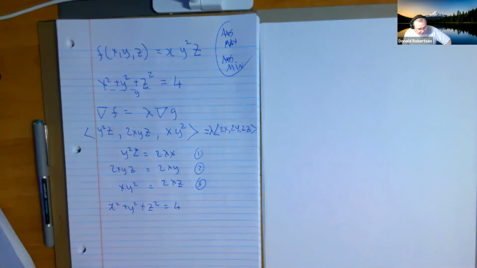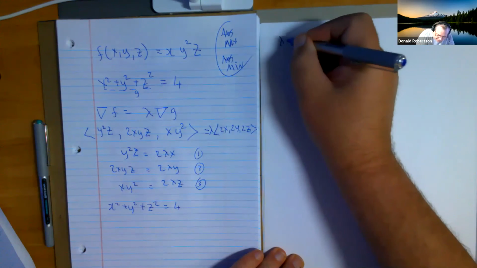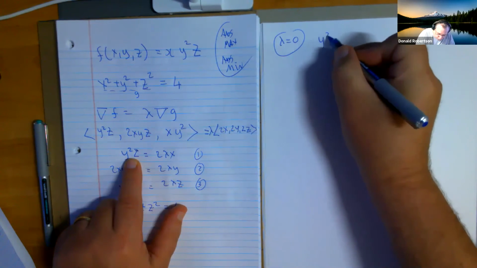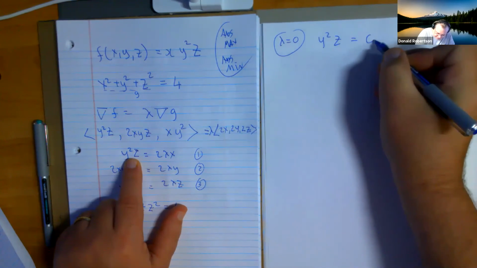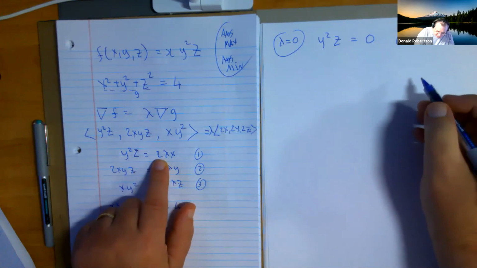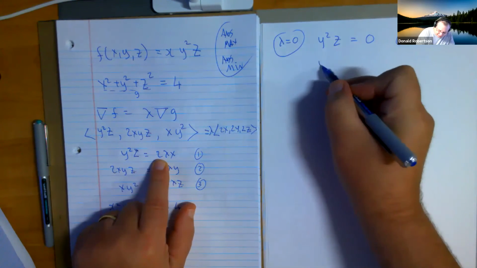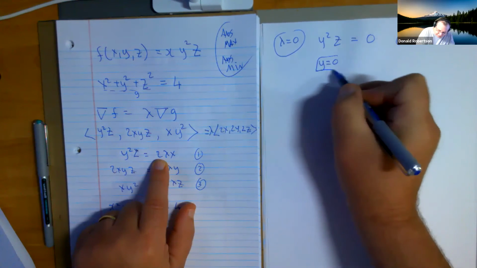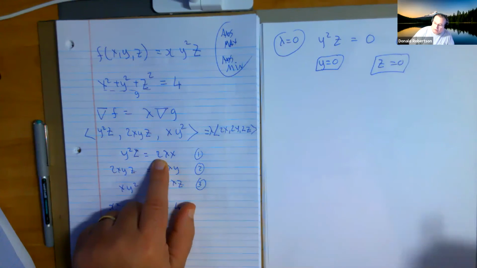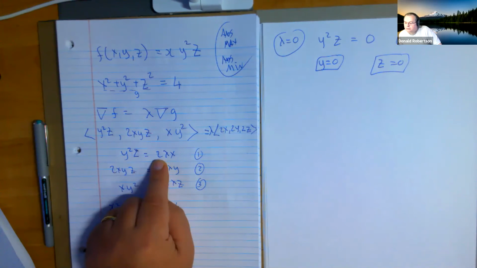Technically, shouldn't I do lambda being 0? Right. Lambda being 0 is a bit messy, because if you make it 0, won't y squared z be 0? This is equation 1 we're talking about. And for y squared z to be 0, doesn't that mean y equals 0 or z equals 0? Or both of them could be 0, agreed?